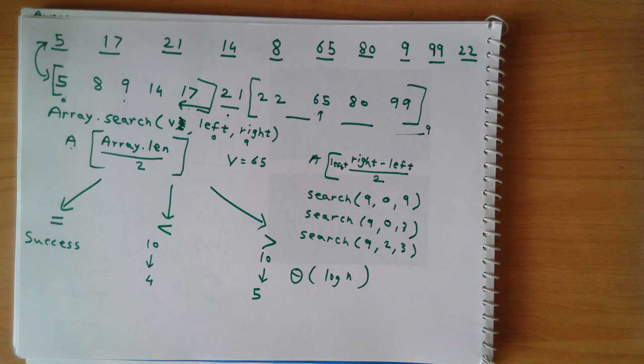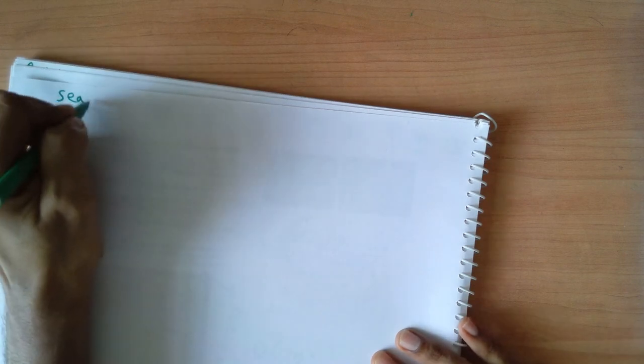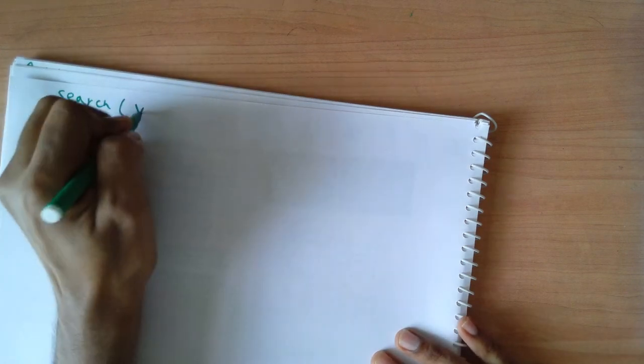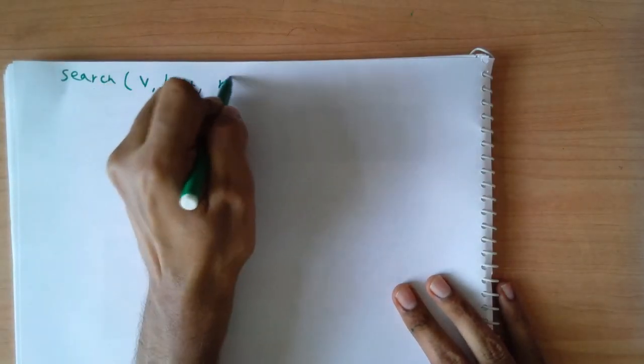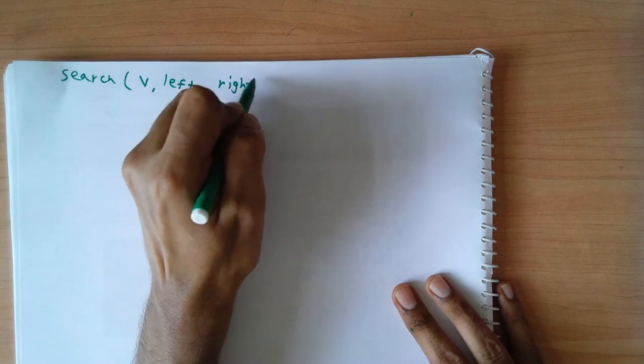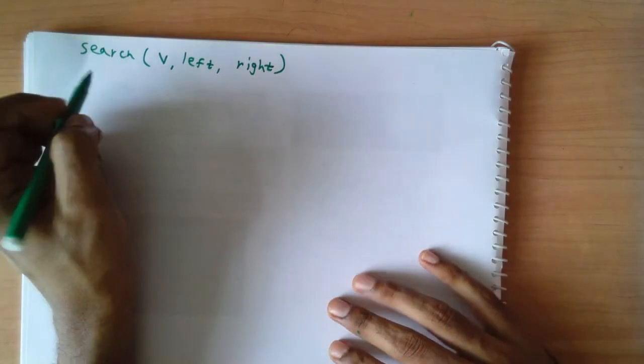So let's write down this algorithm more clearly. Now I have the search operation, with value v, left and right, and then we are going to compute the middle index.